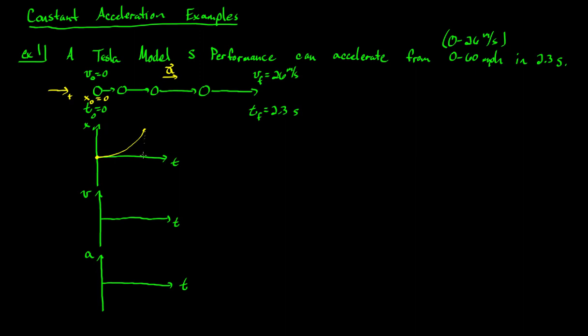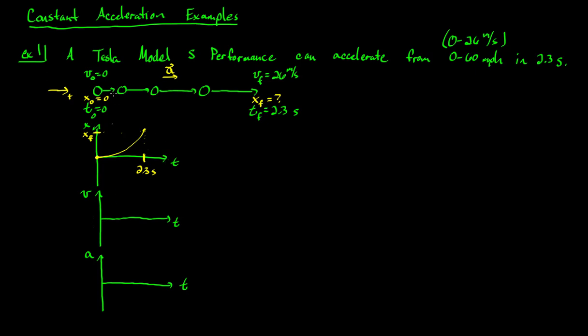Now this time right here, we know what that is. That's 2.3 seconds. But if I go over here, I don't know what that final position is. So that might be a question that we can answer. What's the final position? How far did it go when it did this? And then we'll be able to fill in that, and then we'd have a complete graph.